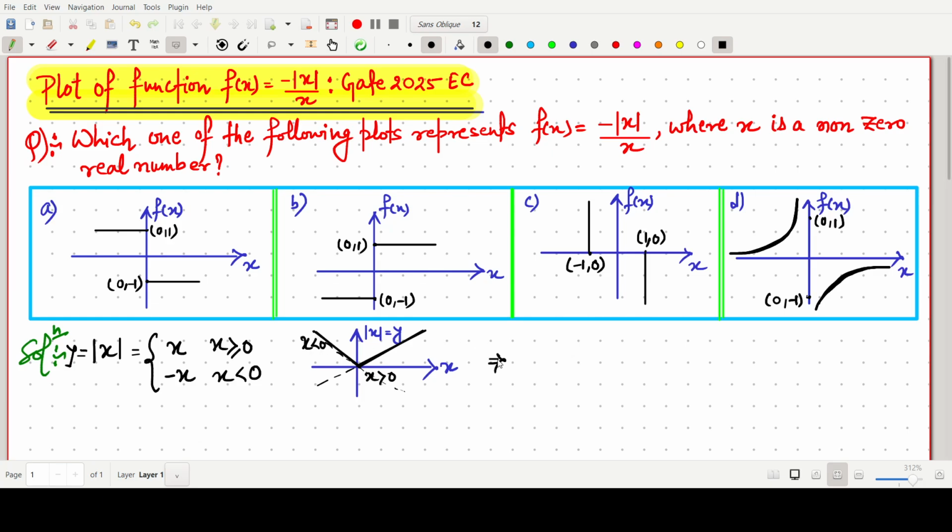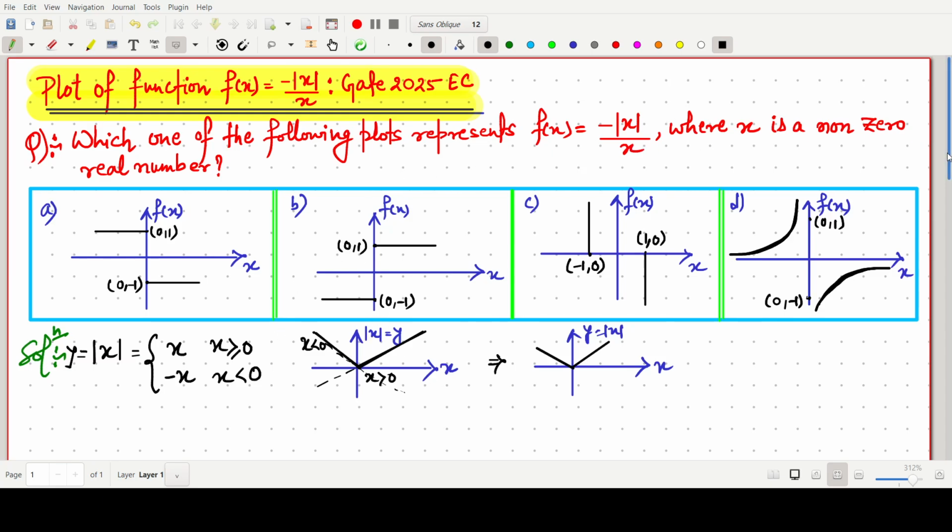If we draw a clear diagram, this one is y equals mod x, and this one is x. So it is nothing but simply this kind of graph. Everyone knows this thing, but I have made this diagram.